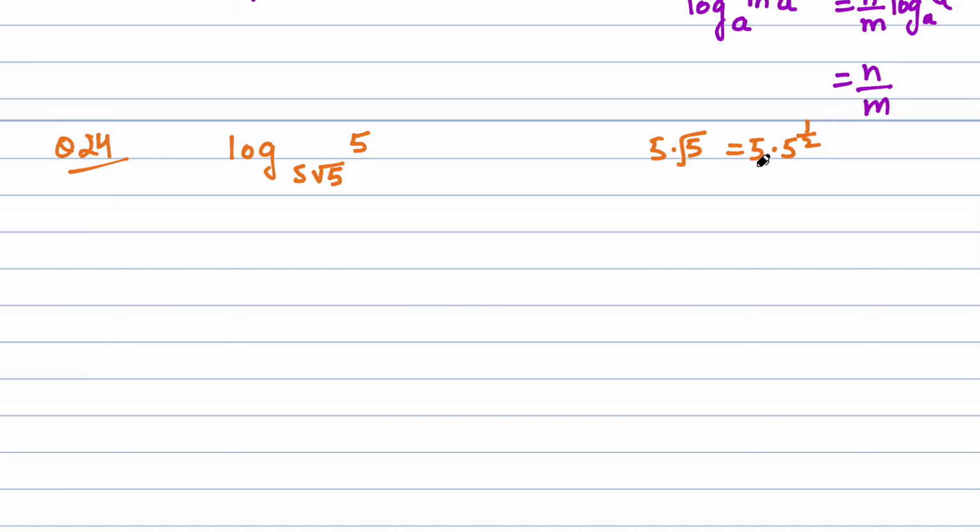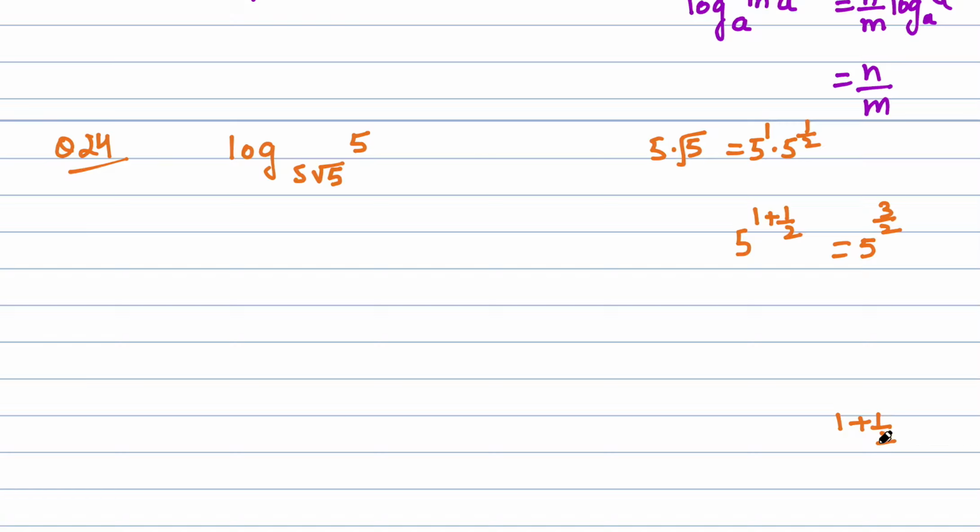Square root is power 1 by 2. So when bases are the same and multiplied, powers are added. So I have to write the base once. Here it is 5 to the power 1 and 5 to the power 1 by 2, so it is 5 to the power 3 by 2. How have I added? 1 plus 1 by 2, 1 and a half, right?